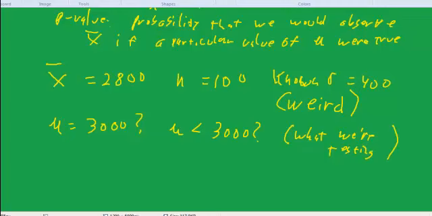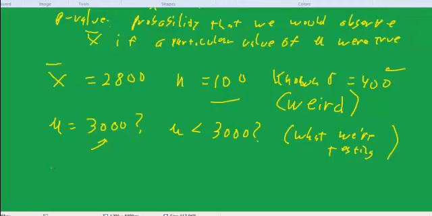The target mean is this, and we know we got something different from the target. The question is, what was the probability of our getting something this far away from the target, given this sample size and given this standard deviation?